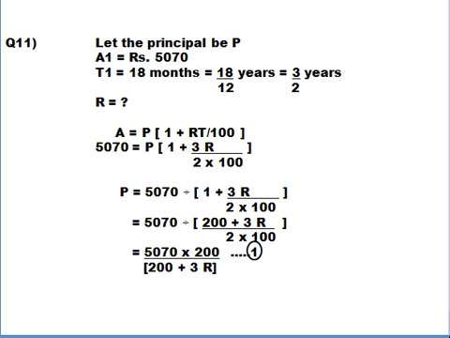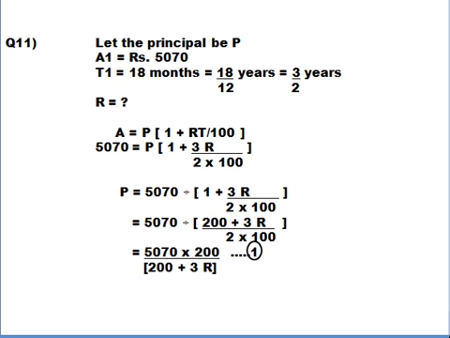We are going to apply the formula of amount, which is equal to P within bracket 1 plus RT by 100. Now we are going to substitute the given values according to the first case. In place of A we have 5070. On the right side P remains P because we don't know the value of it. Within bracket 1 plus the value of time is 3 upon 2.